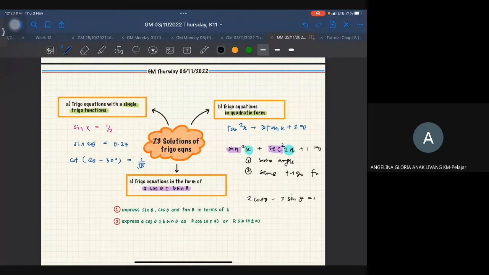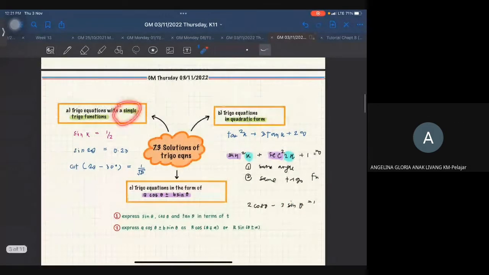Example. Okay, so bila kita tengok soalan ni, sekarang dia adalah combination of cos and also sin. Okay, so kebiasaannya kalau awak nampak soalan, maybe awak boleh try modify soalan tu sampailah dia jadi single ataupun sampai dia dapat kuadratik.